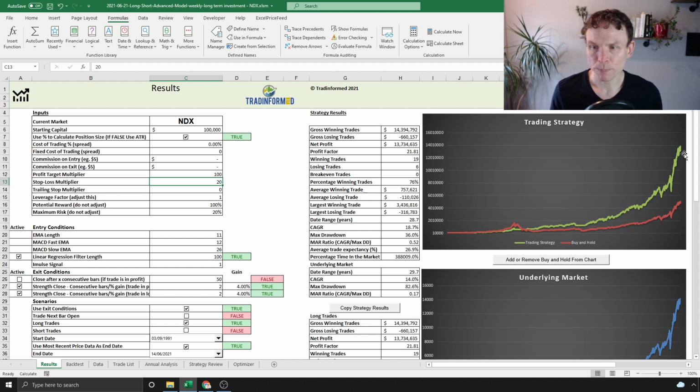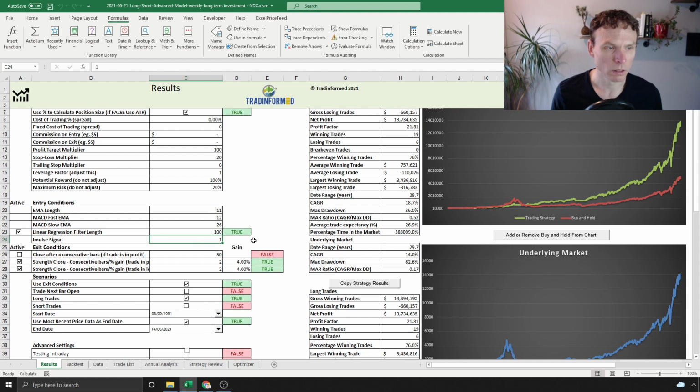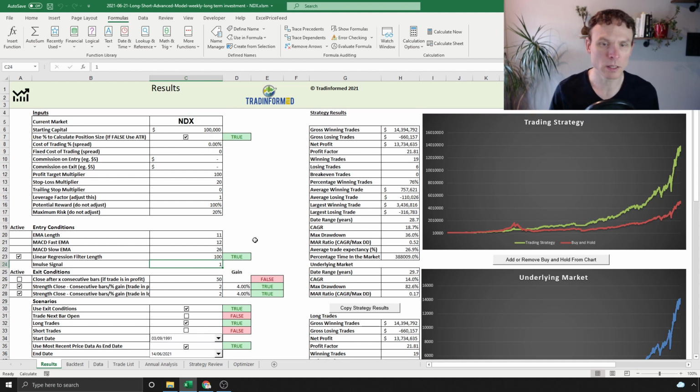I've got two lines here on my chart, one of which is buy and hold, you can see here in red, and the other of which in the green color is the strategy. So we don't have to have buy and hold on the chart. But there we go. So we can test different things. This is the beauty of once you have your strategy, you can test different things.